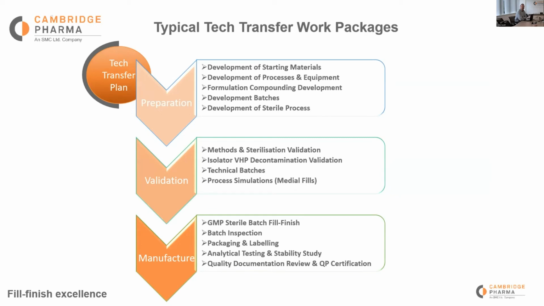So we have a structured tech transfer process that we walk through with all customers to transfer into that clinical trials manufacture state. And it allows us to de-risk that activity. So when you actually get to manufacturing that sterile batch, you will be more successful.